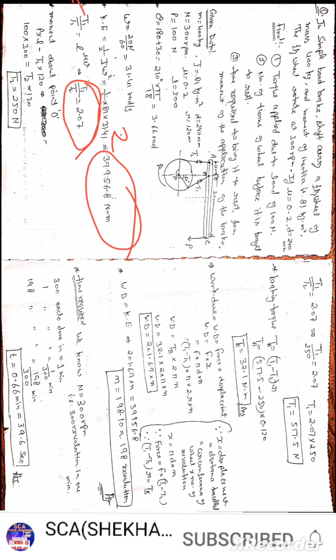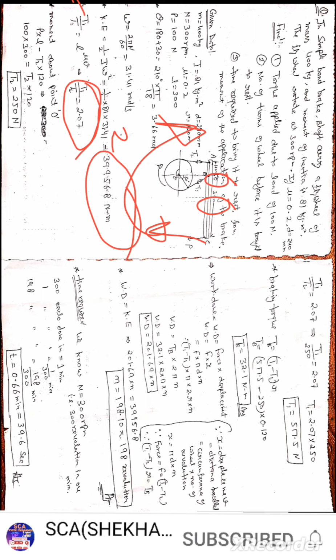Now take the moment about point O. P into 300, P into L, makes a clockwise couple.